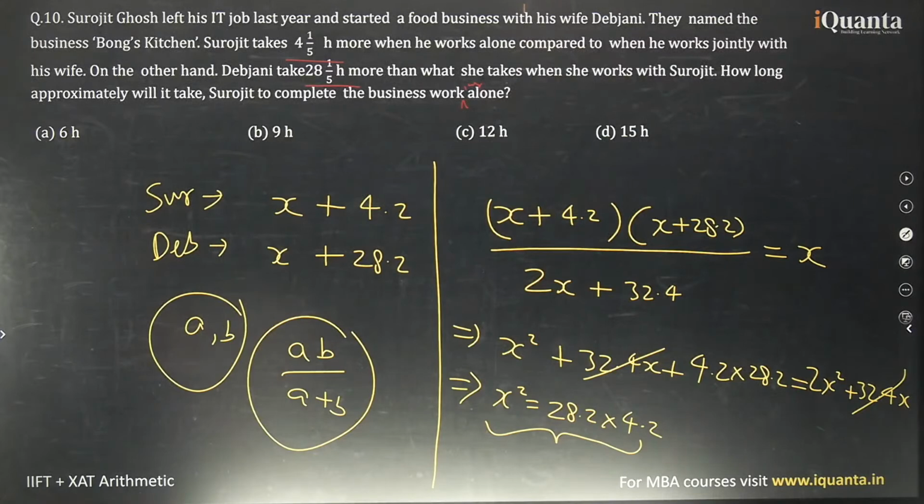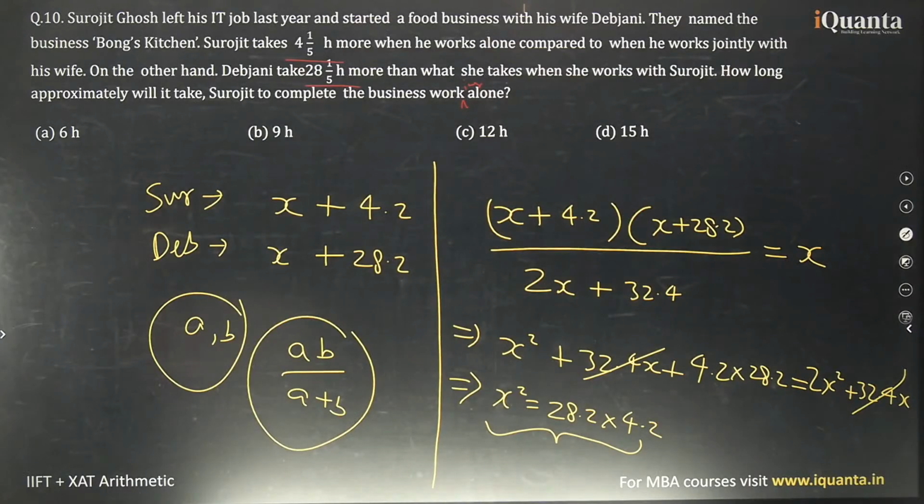So tell me something, would you actually multiply and then try to find the square root? Would you do it like that? Or will you do some smart stuff? Option matching, Satvik? Yeah, how do that?